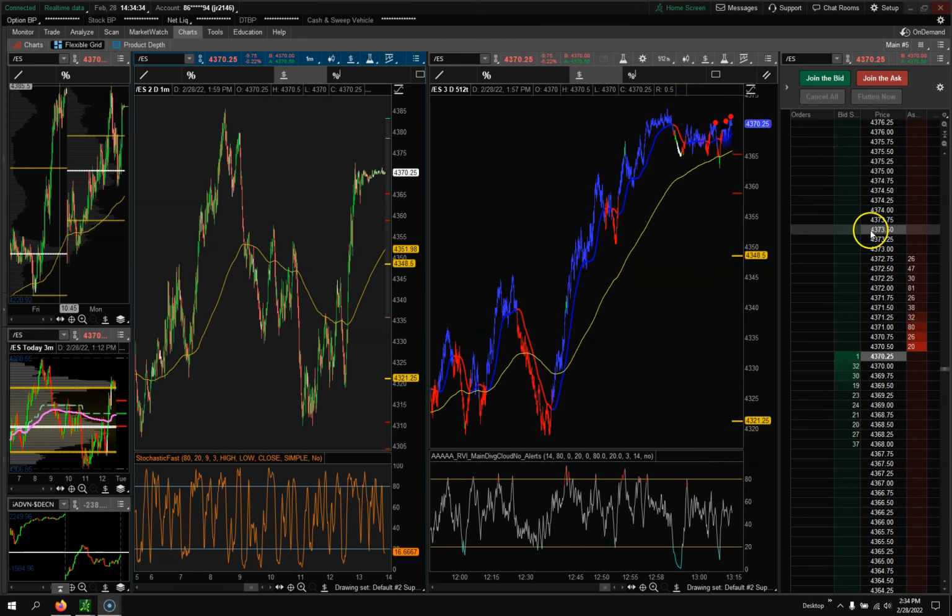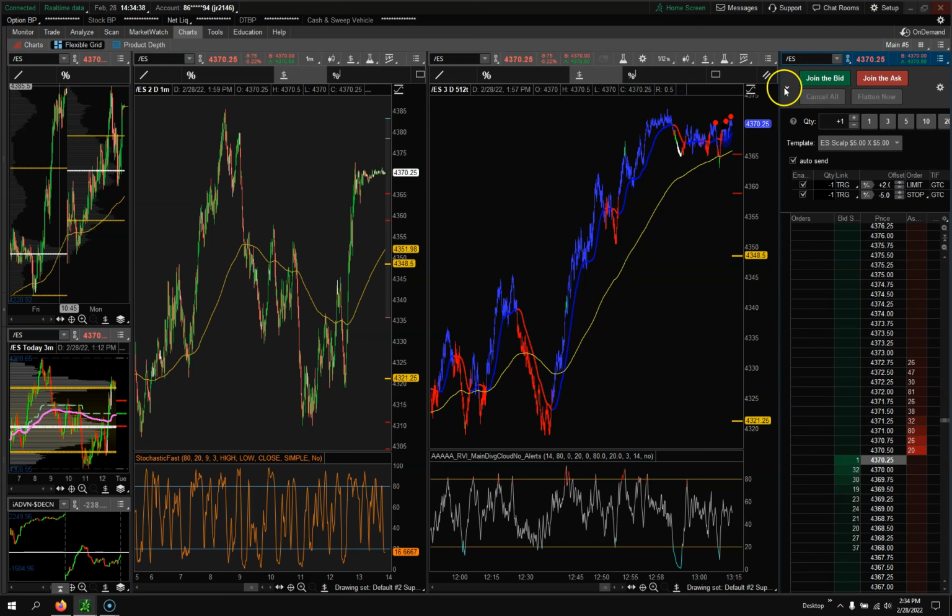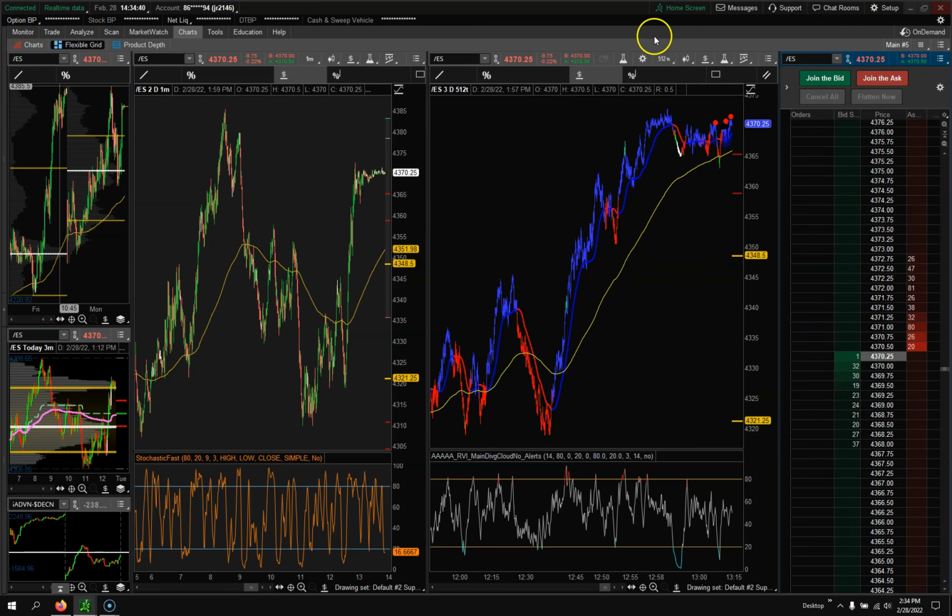So over here, we have a flex grid. If you want to do bracket orders, things like that for order entry, it's right here. You could join bid, join ask. I like join bid and ask better than buy market, because if I buy market, it's going to fill me on the ask side.